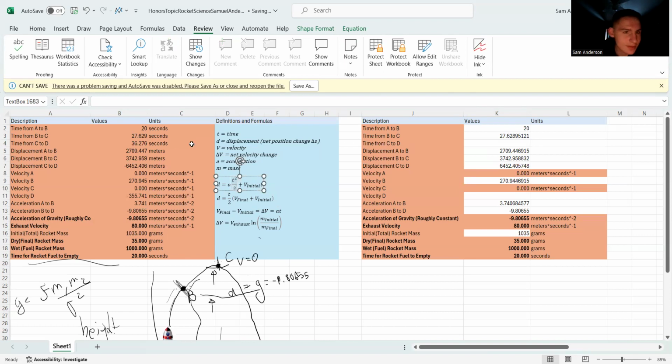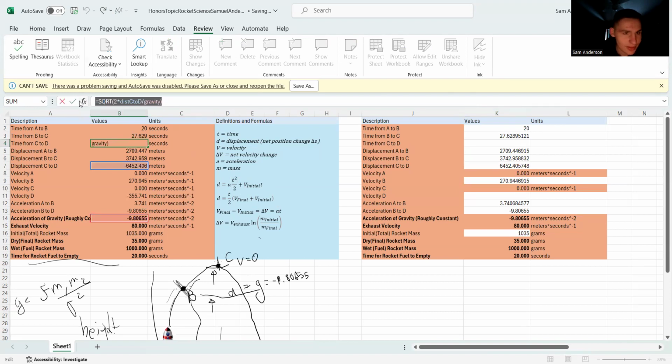And from the time from C to D, I did the work previously and ended up with the square root of 2 times the distance over gravity. That will have to do with t being squared in the top formula. Let's see.